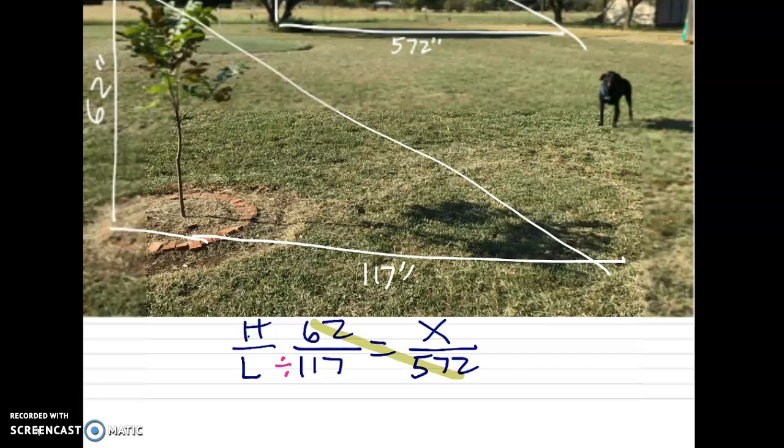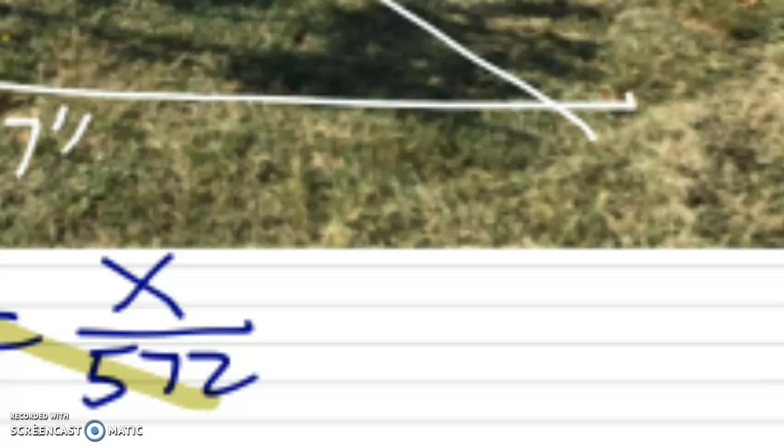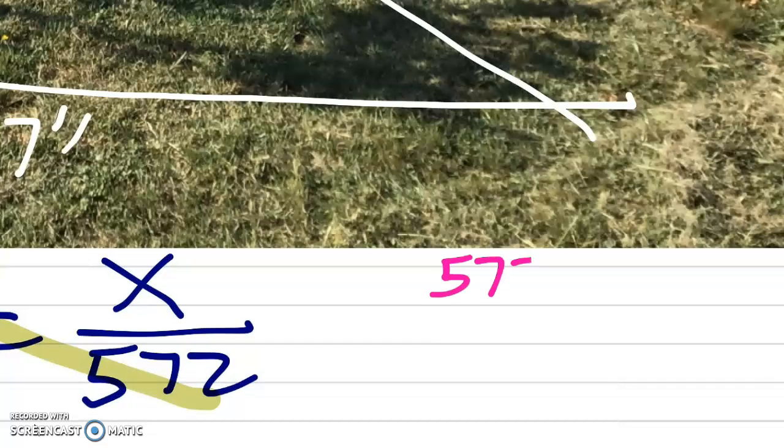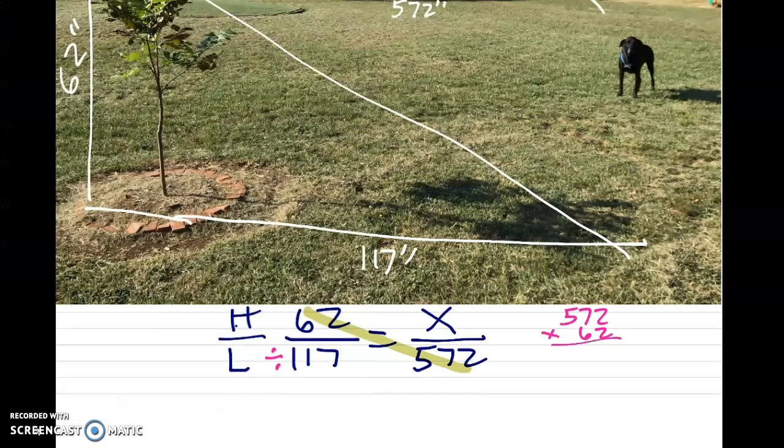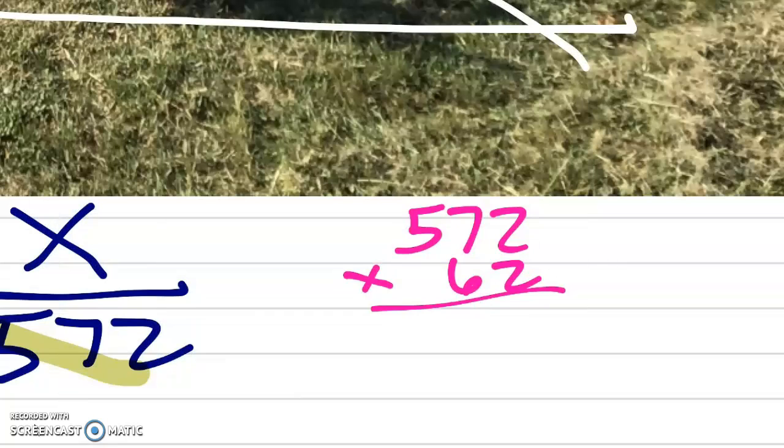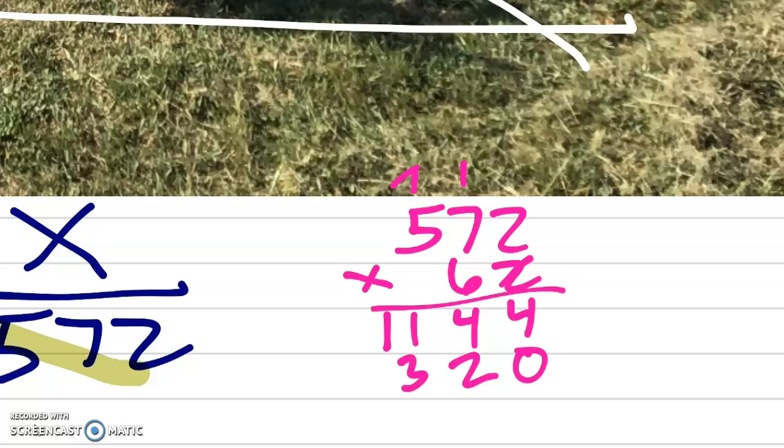So we do 572 times 62. 2 times 2 is 4. 2 times 7 is 14. Carry the 1 to 10 plus that. There we go. Placeholder, because we already multiplied that. 6 times 2 is 12. 6 times 7 is 42, plus the 1 is 43.